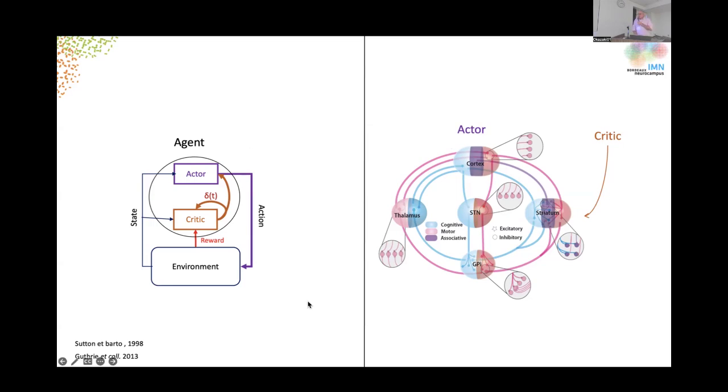So what we did up to now is we focused on the actor structure, and what we know is that the main information provided by the critic is provided by dopamine. So dopamine plays the role of this reward prediction error that tells the actor how well it performed according to the situation. And most of the signal is released at the level of the striatum, which is the entrance layer of the basal ganglia.